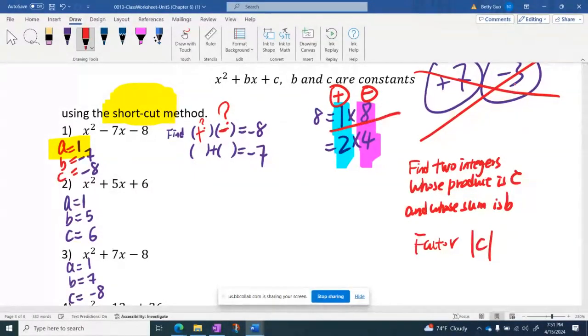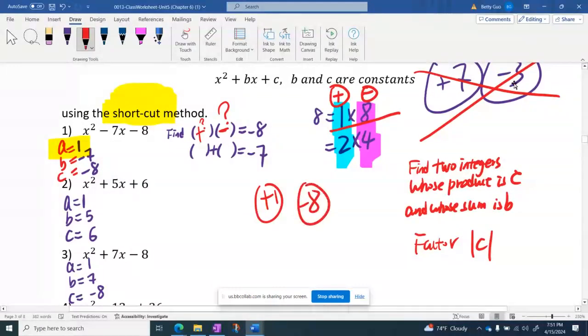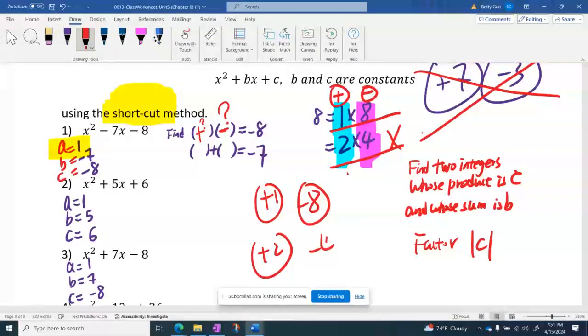Let's try. First case, positive 1, negative 8. Do they add up to negative 7? Second case, positive 2, negative 4. Do they add up to negative 7? No, right? But positive 1, negative 8 add up to negative 7. So the two integers are positive 1 and negative 8.